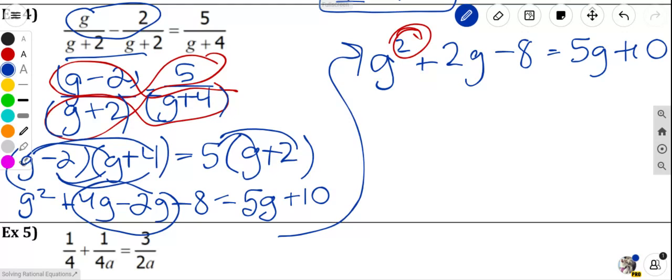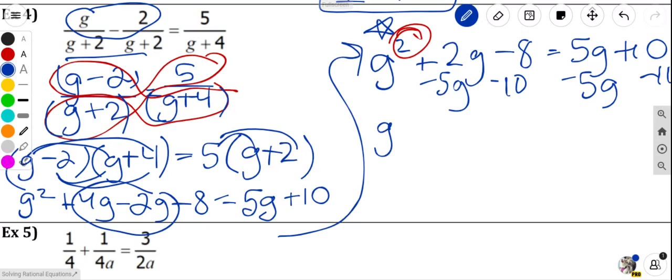The side you want to bring it on is wherever that quadratic is. So I'm going to bring everything to the left side. I'm going to subtract 5g, and then I'm going to subtract 10. So this left side now becomes g squared minus 3g minus 18 equals 0.